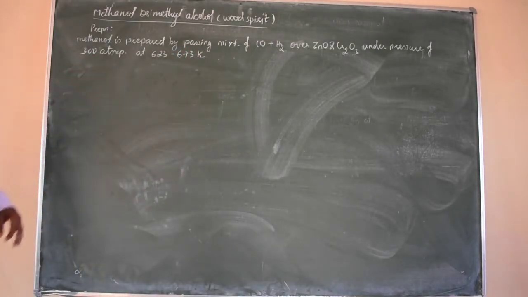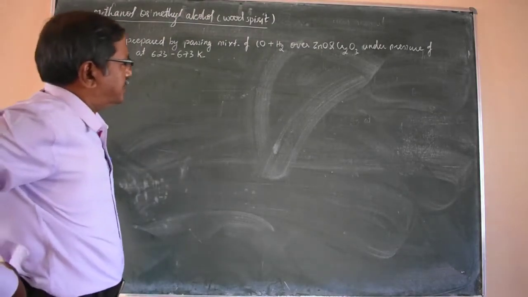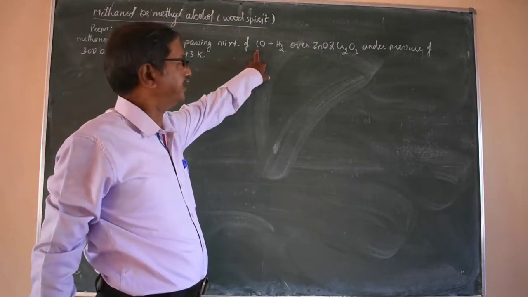So just by passing a mixture of carbon monoxide, remember CO means carbon monoxide, not cobalt, and hydrogen.